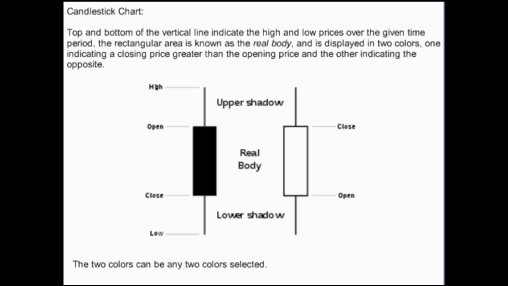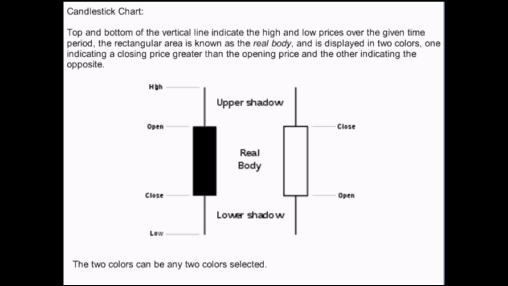The candlestick charts will have two colors, and the two colors can be any two colors they select. Most commonly you see black and white, or red and green, but it can be any colors. Like if you felt like making a candlestick chart purple and pink, you could. You just have to say which one indicates which situation.